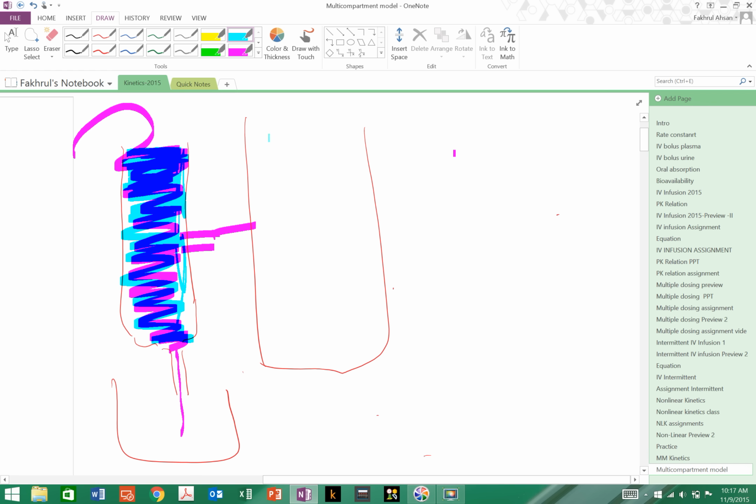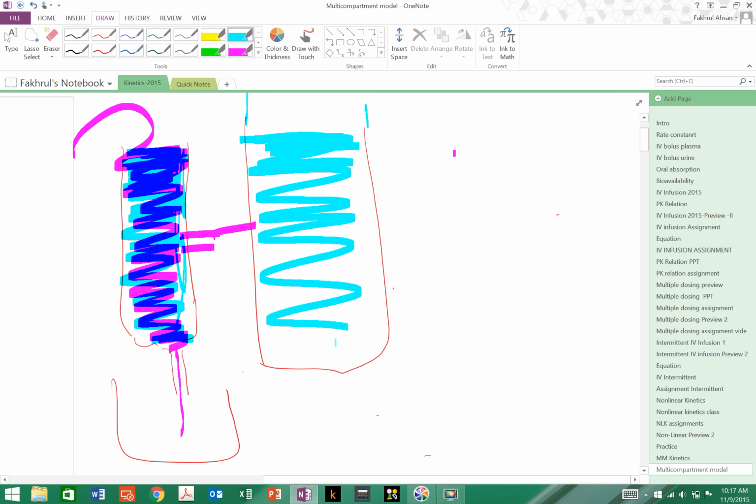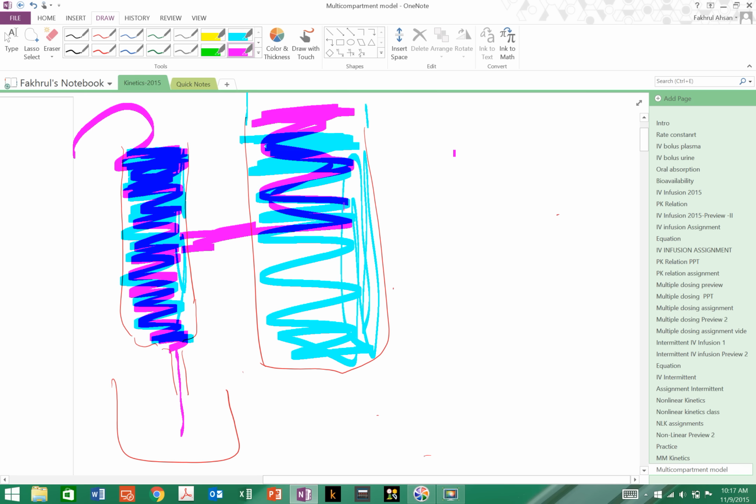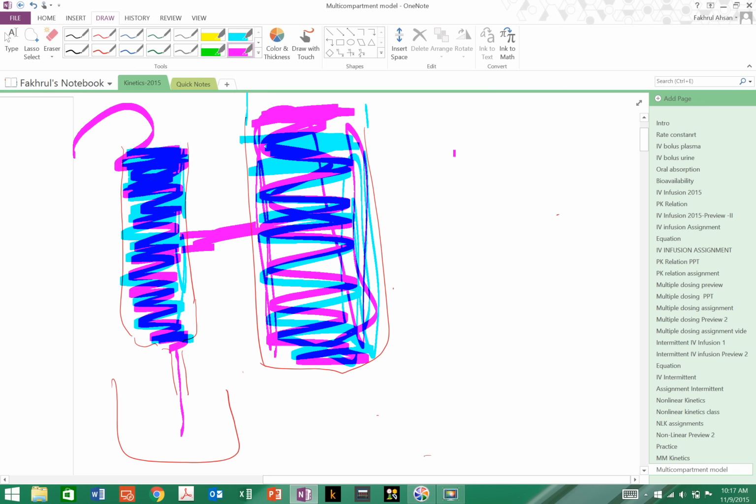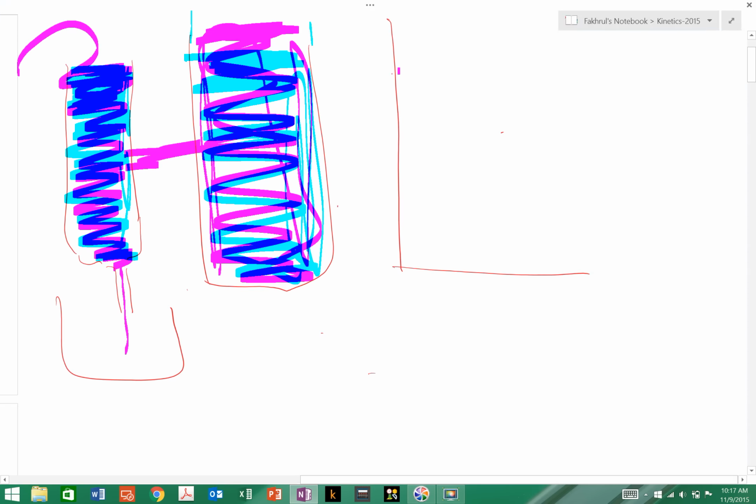So here we have another bigger compartment, and the drug moves from this compartment to that compartment, and it comes to an equilibrium. For this reason, we will have a biexponential fall. First concentration falls and then it goes like that. So this would be the distribution, and this is elimination.